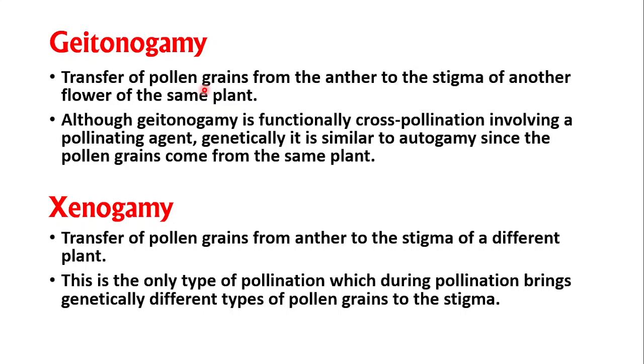But the point here is very important: even though the transfer of pollen grains takes place from one flower to a different flower, both the flowers belong to the same plant. That means it is also a type of pollination in which cross pollination takes place, but between the flowers of the same plant.